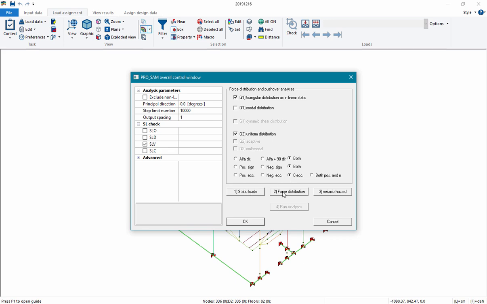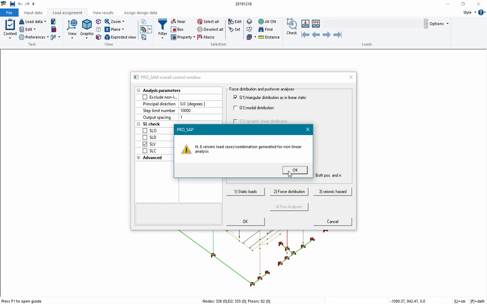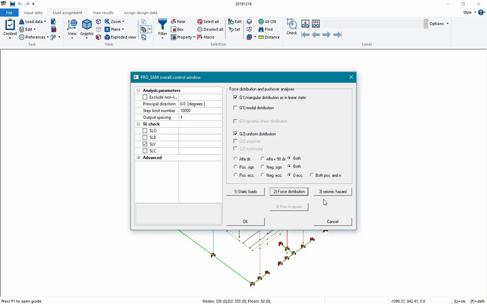To define seismic action automatically, we have just to click this command, force distribution. The program automatically generates the seismic load cases and also the load combination for nonlinear analysis.